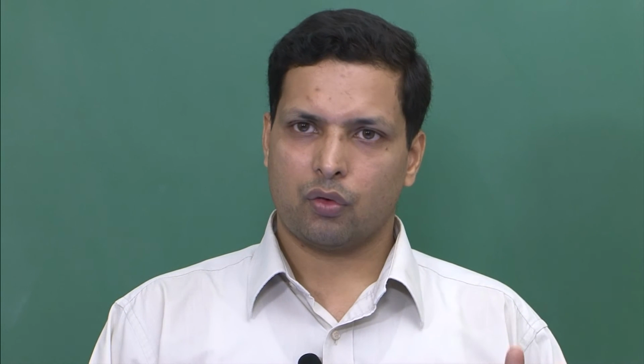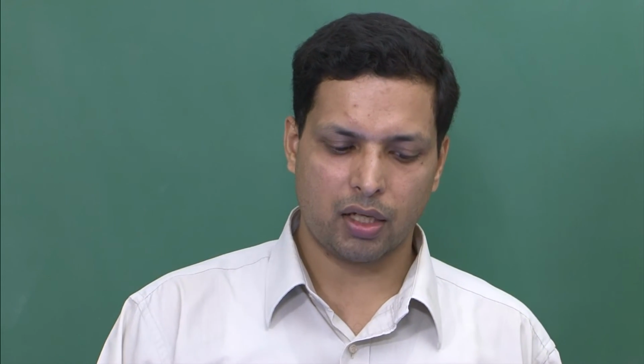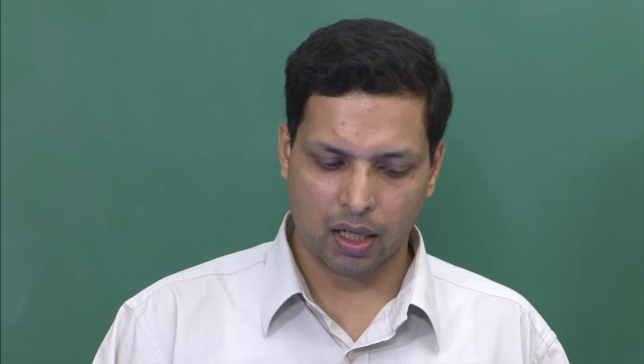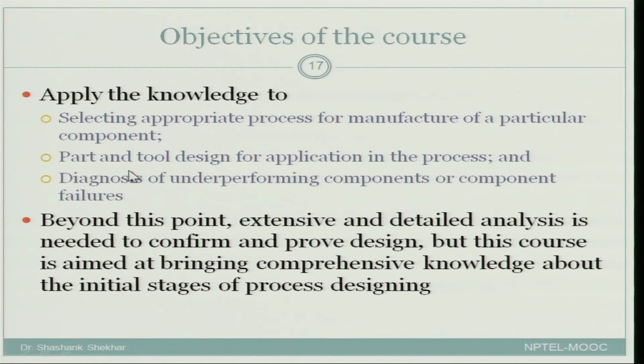And similarly, if you want to avoid macro segregation, which is a big problem in casting, then what are the things that you can do? You will be able to understand if you understand the science over here.